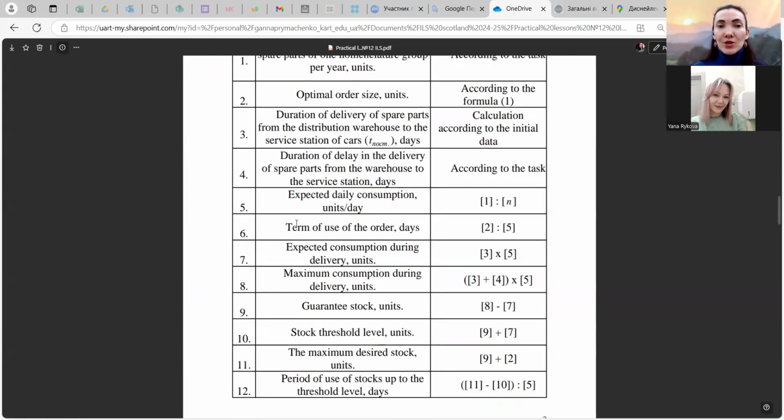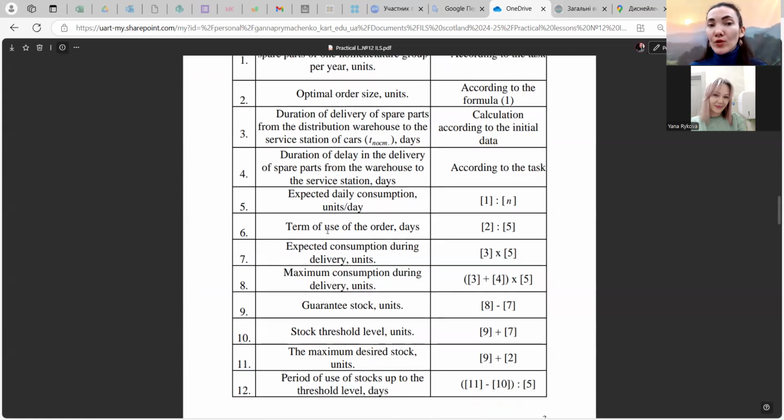Next, it is point number 6. A term of use of the order, also in days. We need to divide our point 2, the result of our formula 1, 2 point of this table number 3, by the result of our previous point number 5.